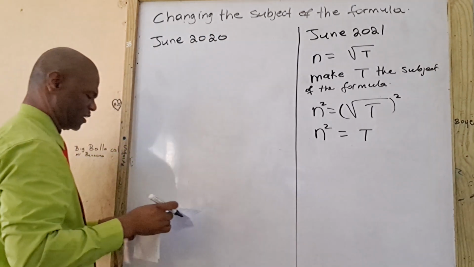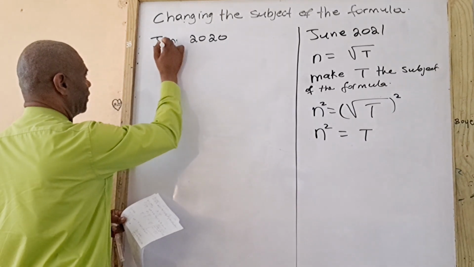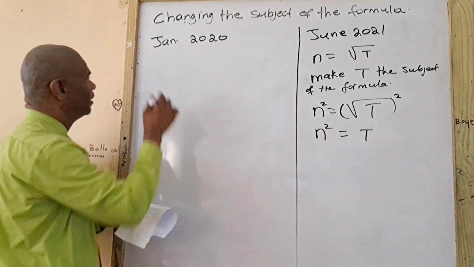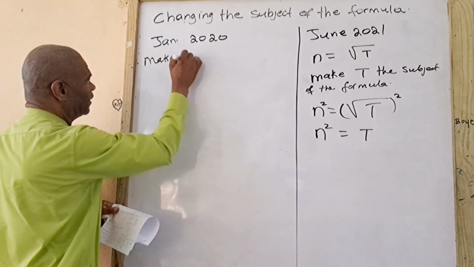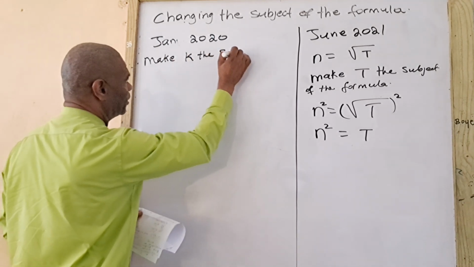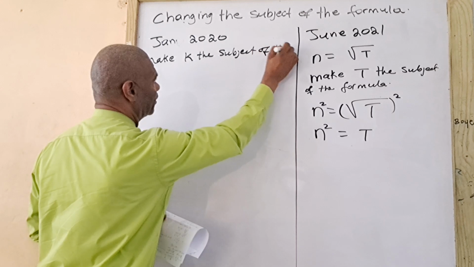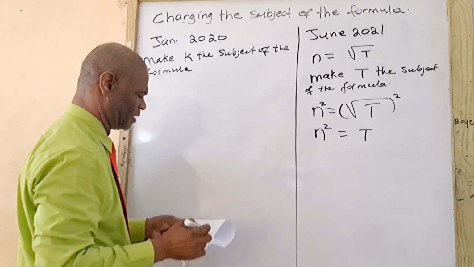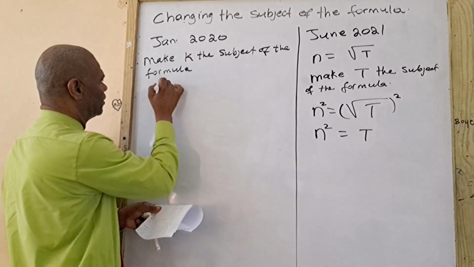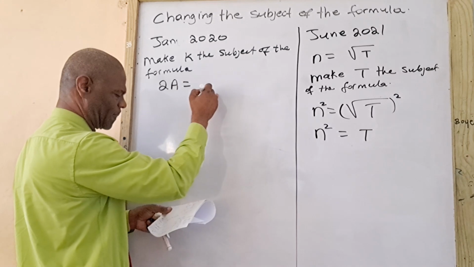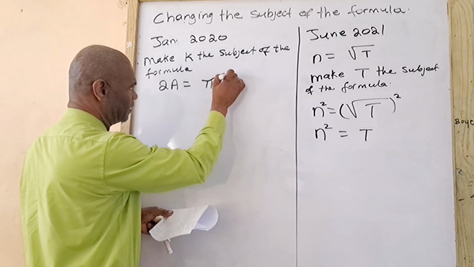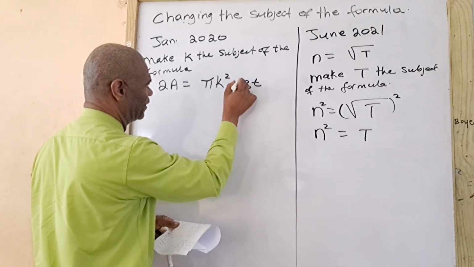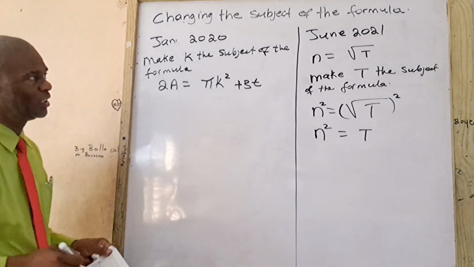So that's January 2020, and it says make k the subject of the formula, and the formula reads 2a equals pi k squared plus 3t. So this came from January 2020.